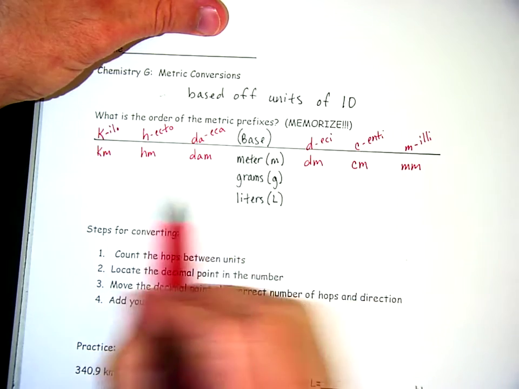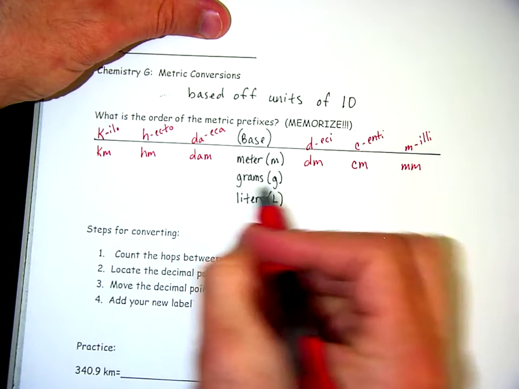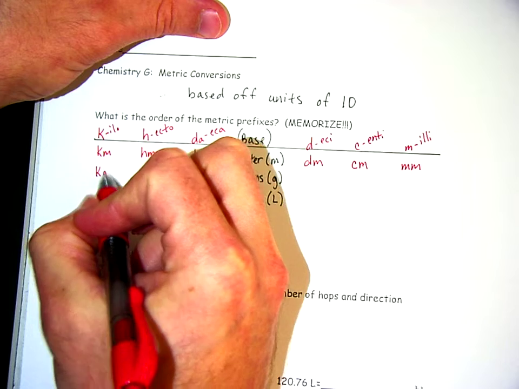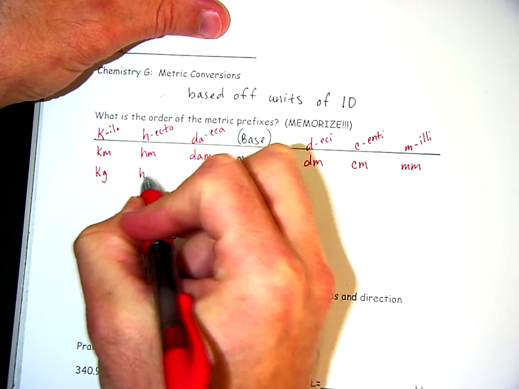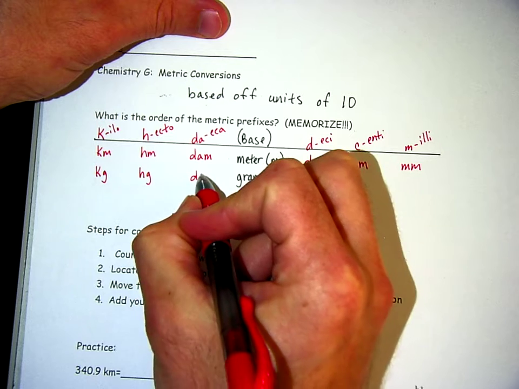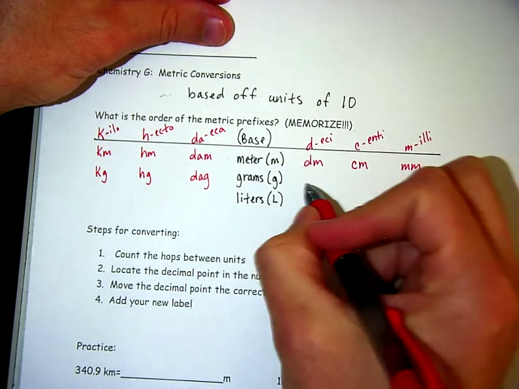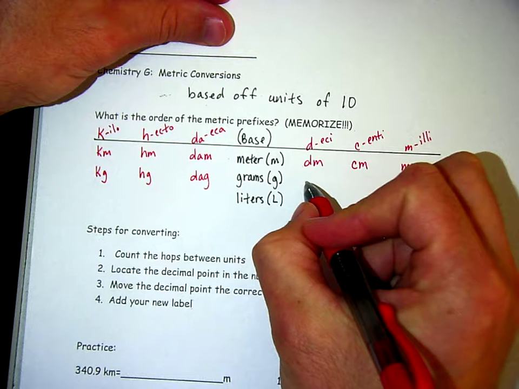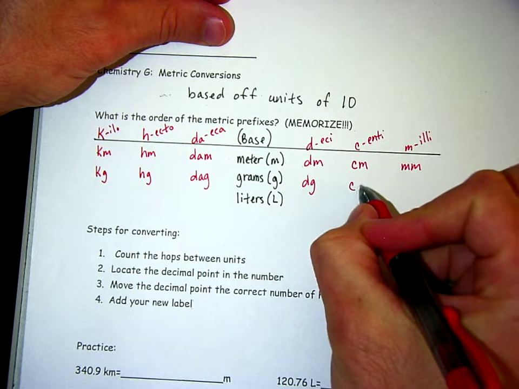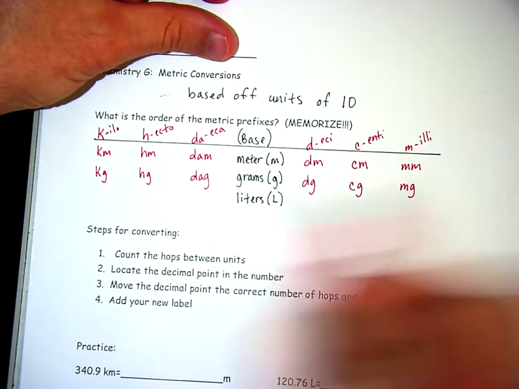Then as we transition into our prefixes for mass, we measure in grams. Our largest unit would be a kilogram, then a hectogram, then a decagram. Then we go on to the gram. Smaller than that would be a decigram, centigram, and then a milligram.